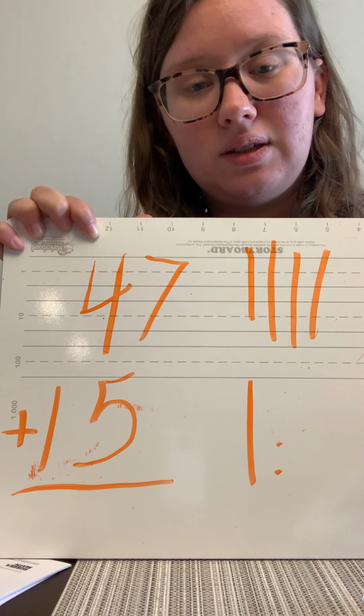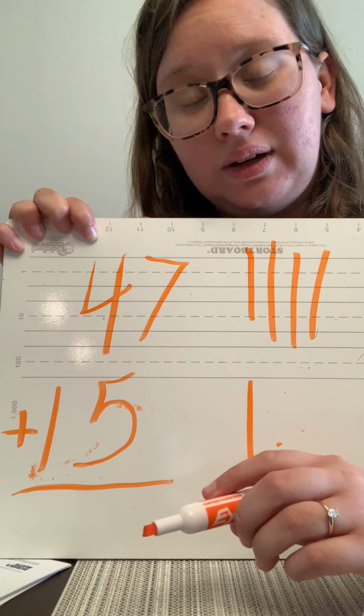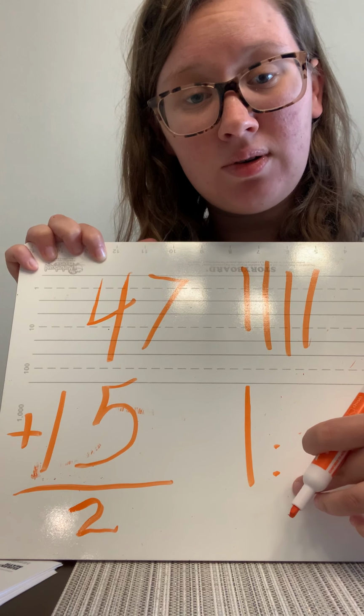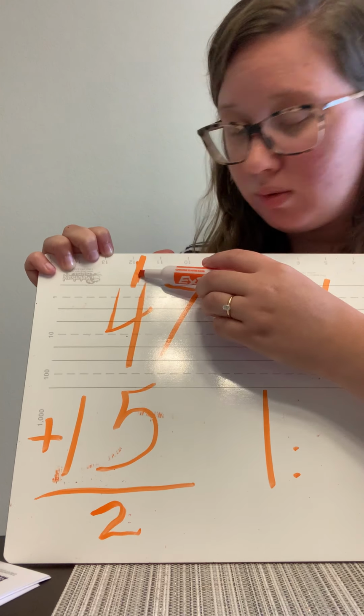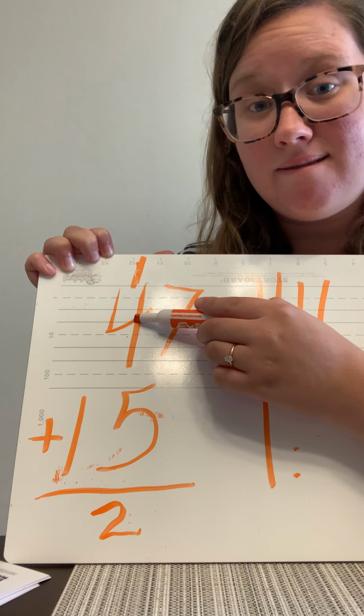Okay, so 7 plus 5 is 12. I know this because I have 2 units left and I regrouped 1. So this is going to be my 10 right here on top. 7 plus 5 is 12. 2. Regroup your 1 to the 10s place. 4 plus 1 is 5.